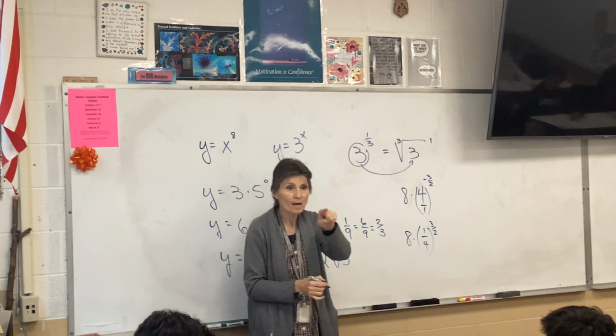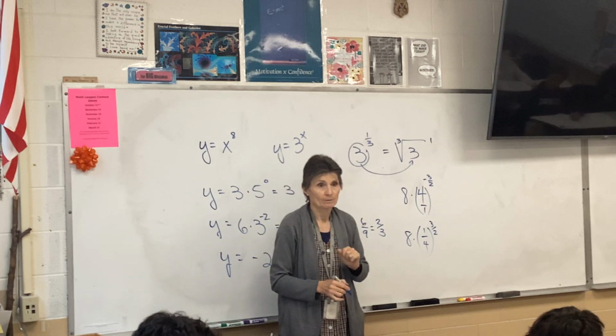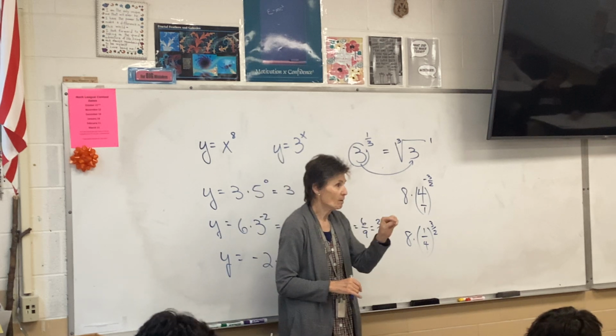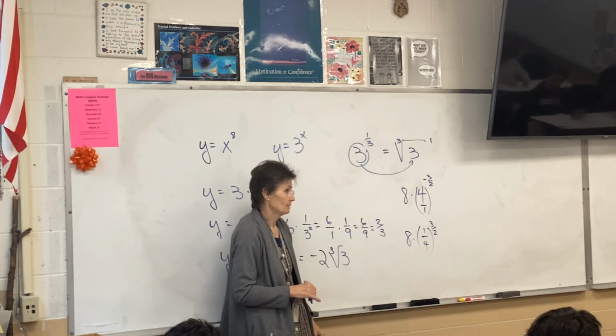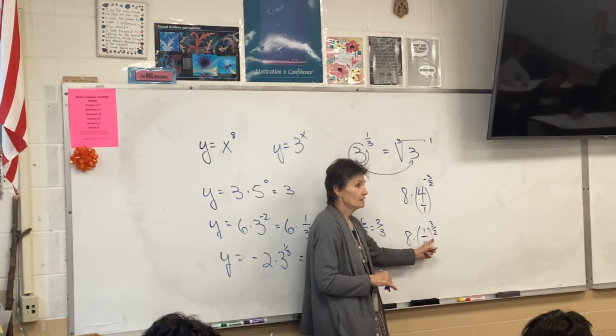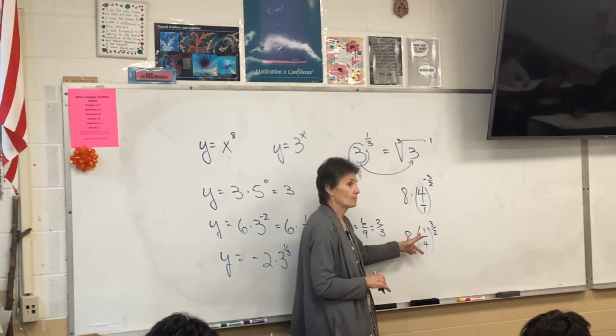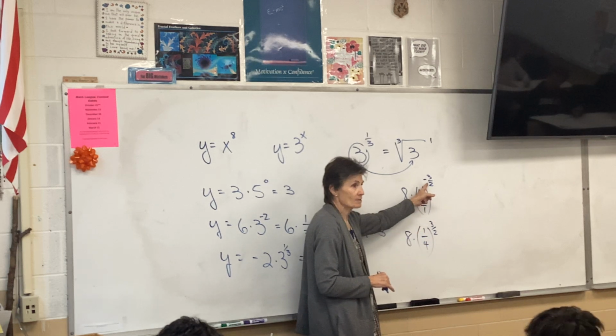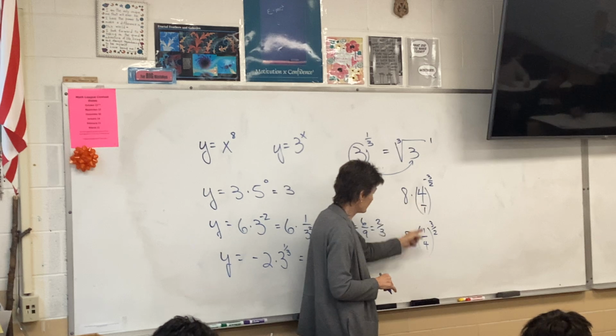Exponents do not flip, ever, period. Exponents do not flip. Exponents become positive when you flip the base, but that's going to be 3 halves. This is going to become 1/4.